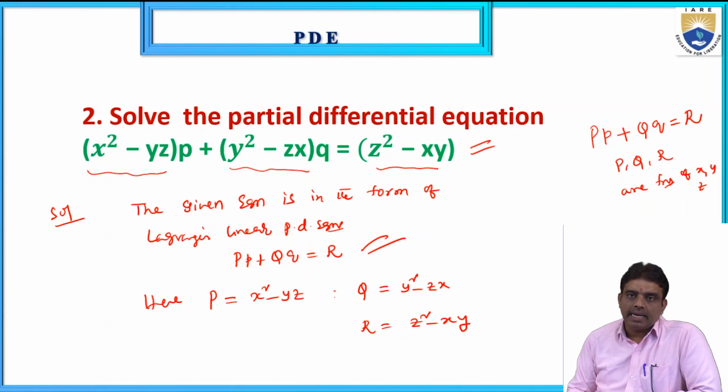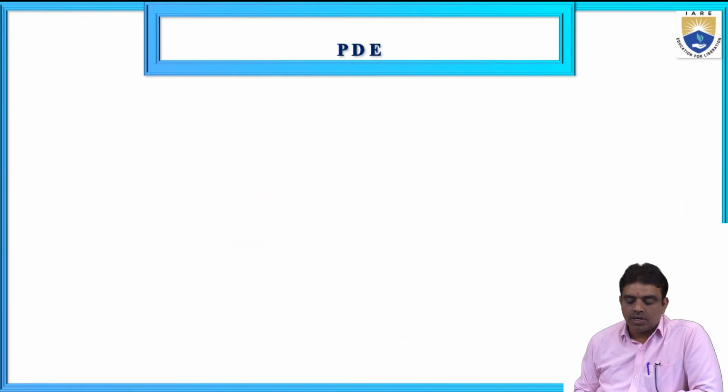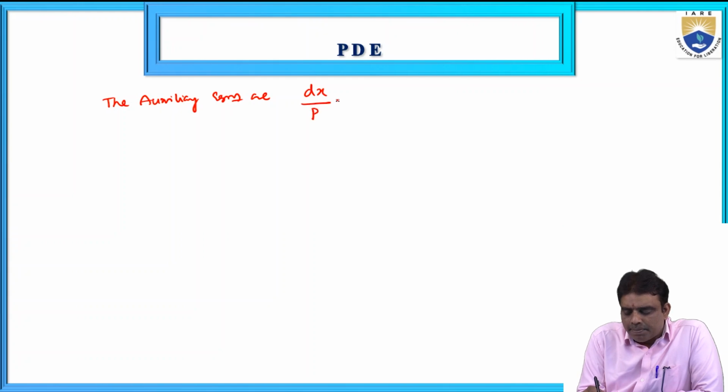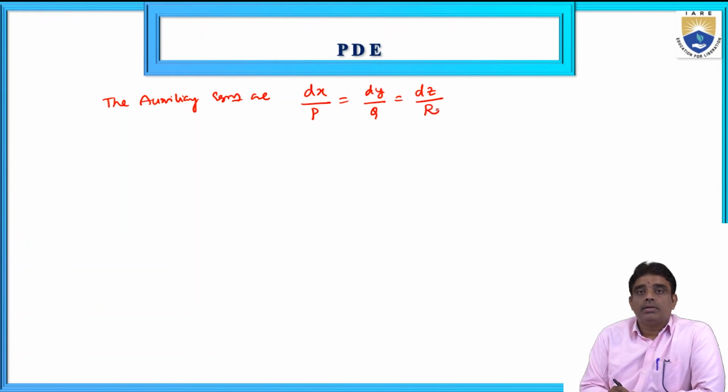So to solve the Lagrange's linear equation, first we have to consider the auxiliary equations. Now the auxiliary equations are dx/P is equal to dy/Q is equal to dz/R.